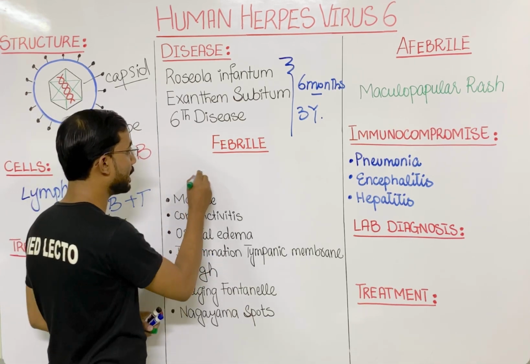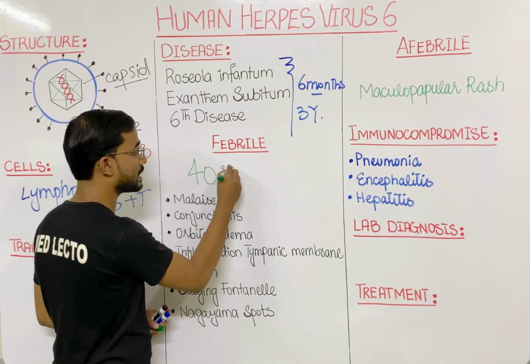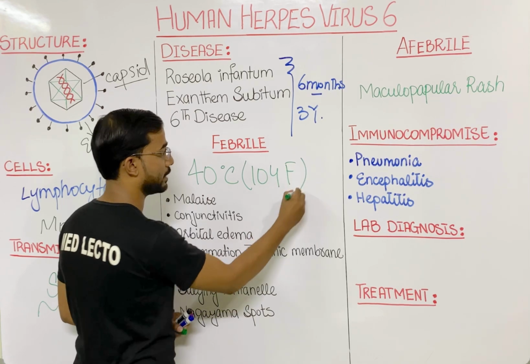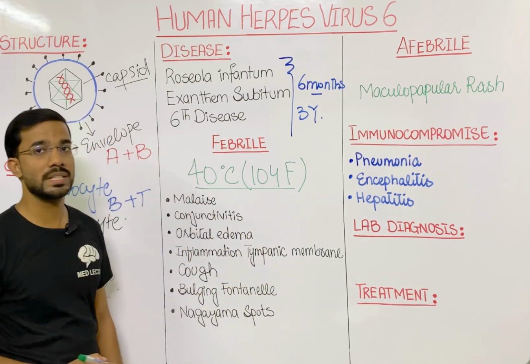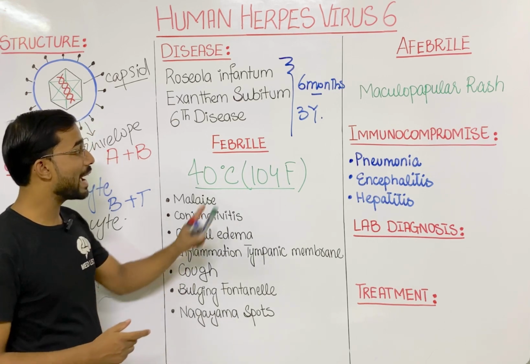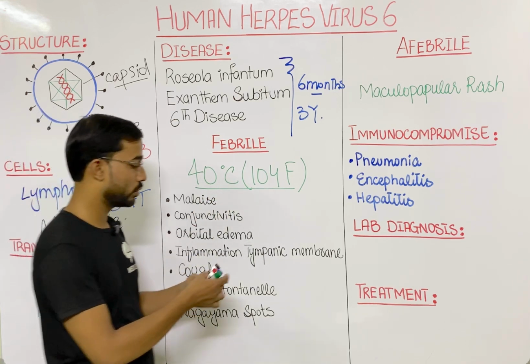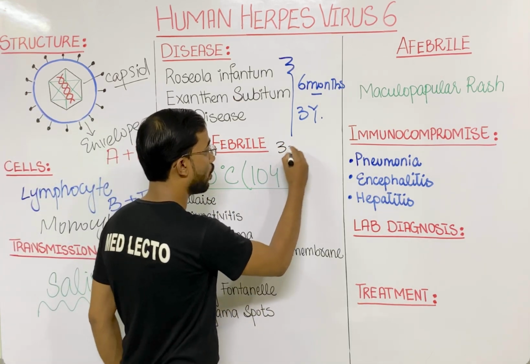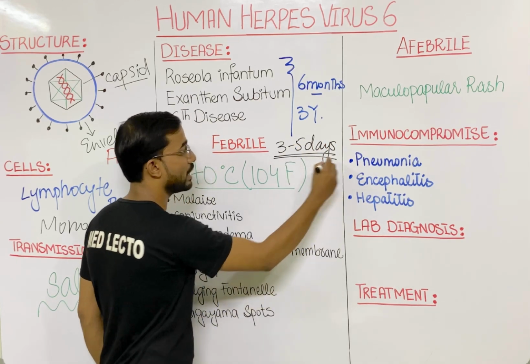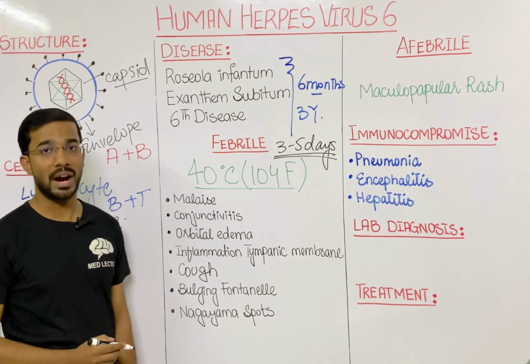The fever will be 40 degrees Celsius or 104 Fahrenheit. That will last 3 to 5 days. The febrile phase will last for 3 to 5 days.